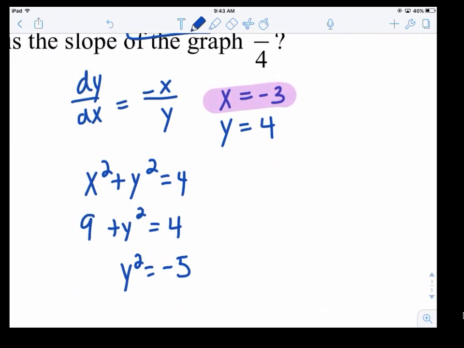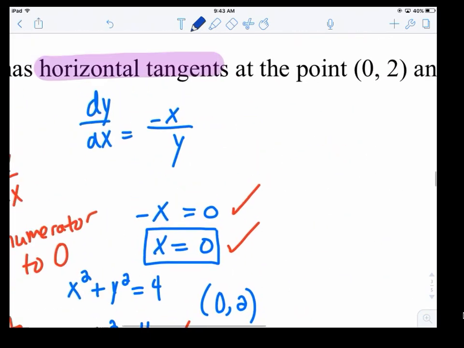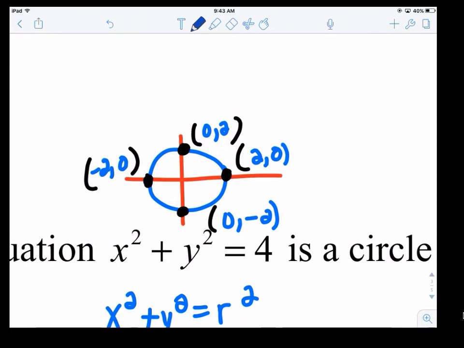Well, I'm trying to think, because it's got to be another point. 3 over 4. Because you're looking at your circle, right? And you have a slope of 3 over 4.